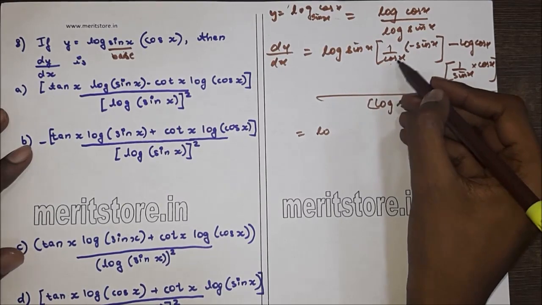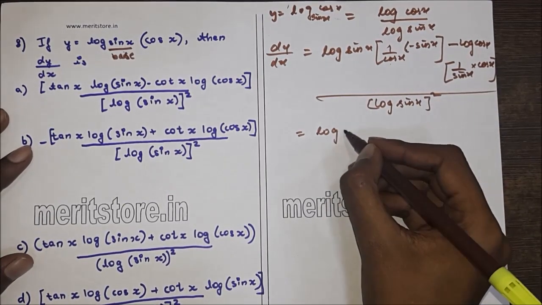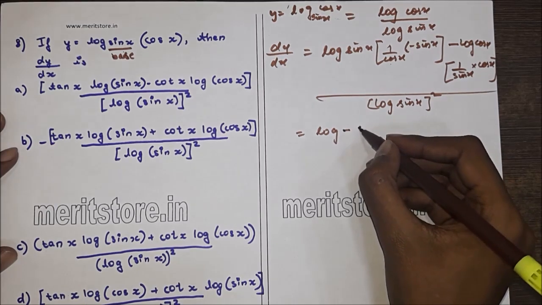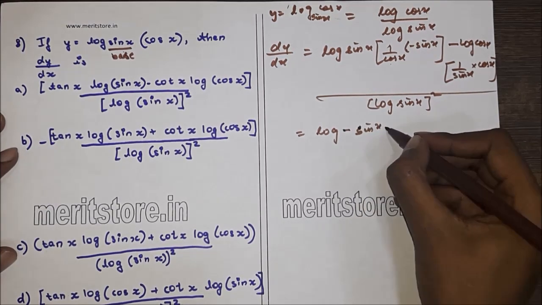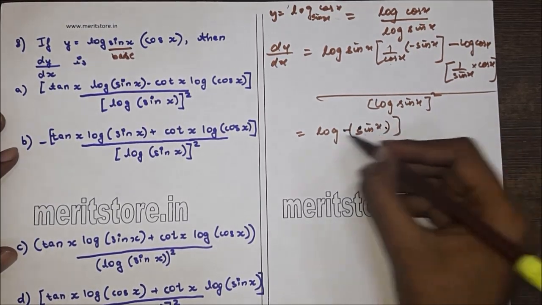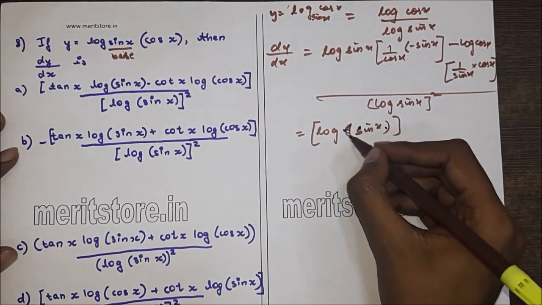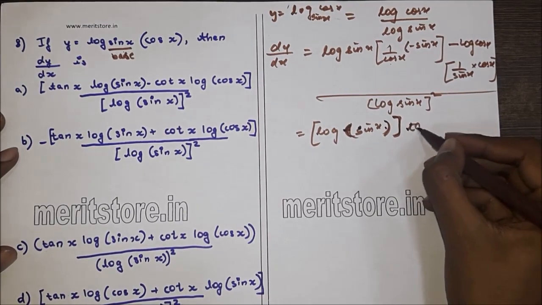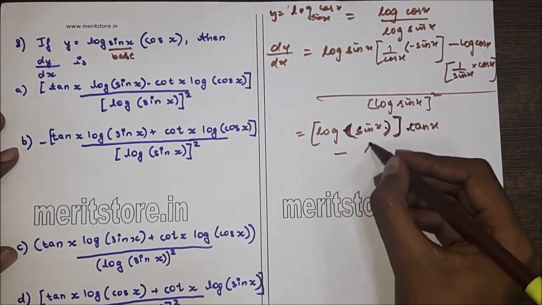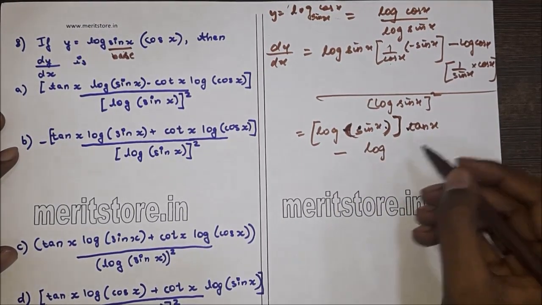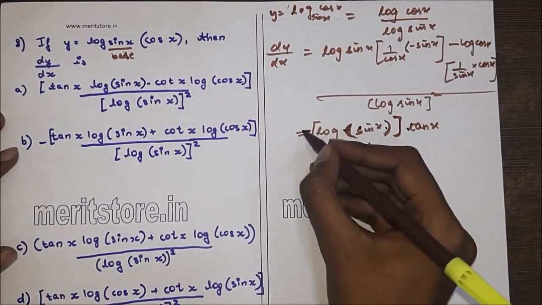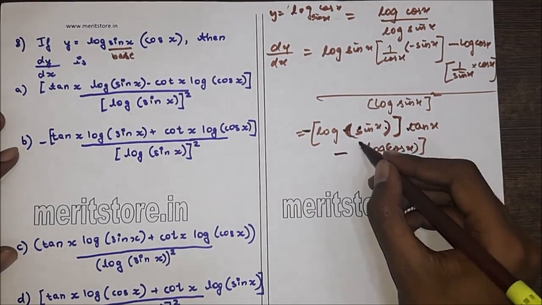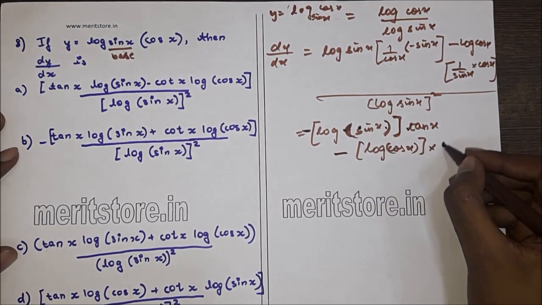Sin x upon cos x is tan x. So we have minus tan x into log of sin x minus log of cos x into cot x.